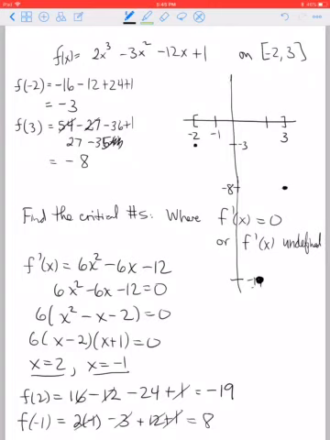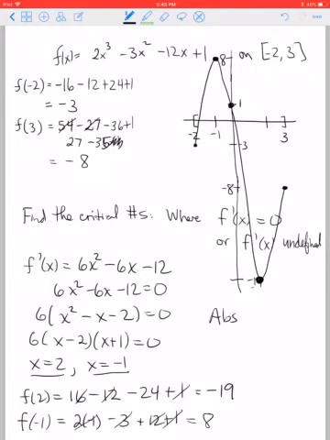So at minus 1, we're going to be up here at 8. And our y-intercept, I guess if we care, is going to be in here at 1. So this is a really bad picture. You see I've sort of drawn everything over on top of it. But if I connect these dots, I see that it has to go in this shape.